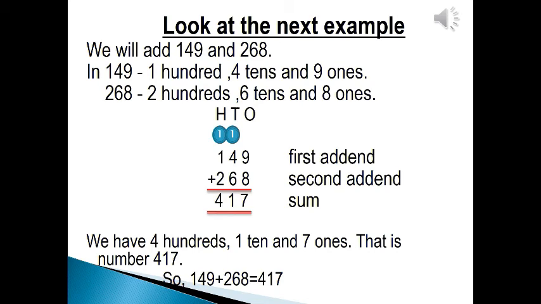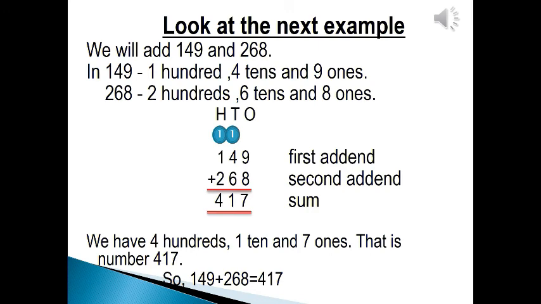9 plus 8 is equal to 17 and 17 is equal to 7 ones and 1 ten. So, 7 will be in ones column and 1 ten will be carried forward in the tens column.